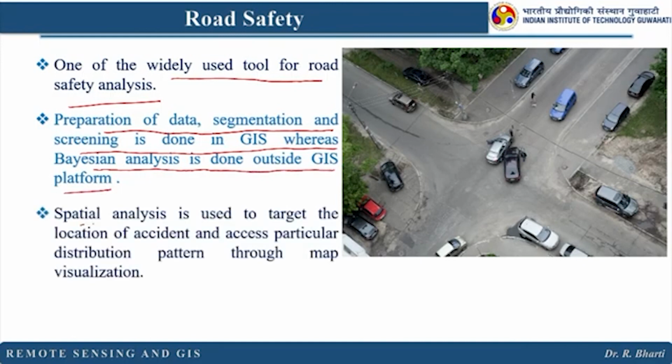Spatial analysis is used to target the location and access accident distribution patterns through map visualization. So basically when we are in a GIS environment, then definitely we are having spatial data. That means the location data is always involved, plus remote sensing data gives you the power of visualization.